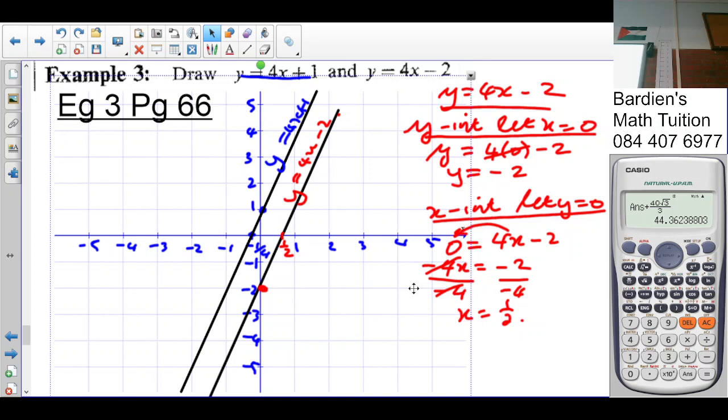So, if you look at the two graphs, what is the same of these two graphs? The lines. Now I'm talking about the equations. What do you notice about the equations?